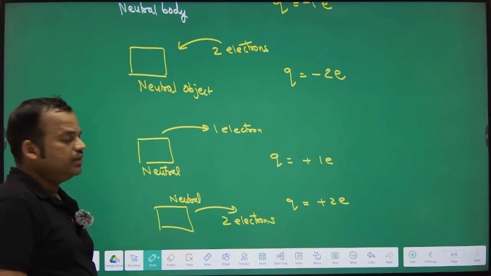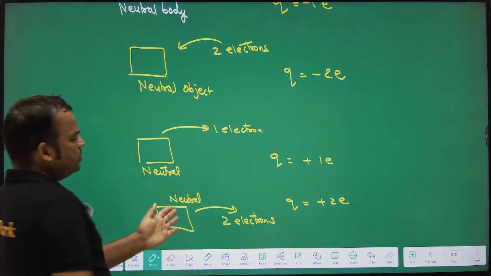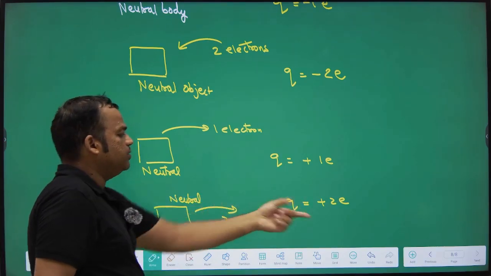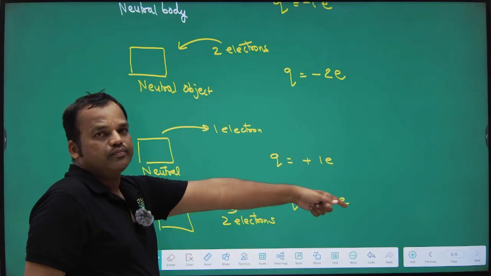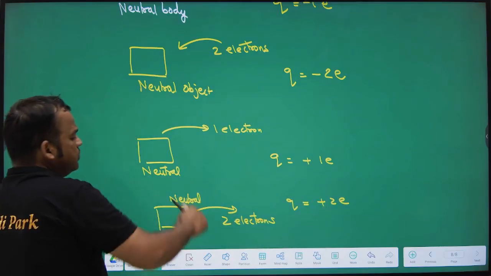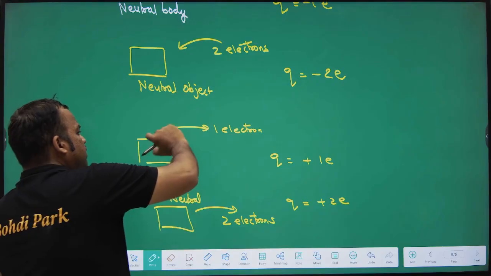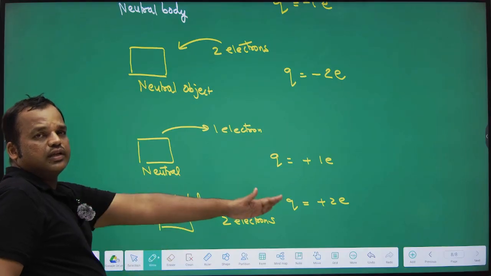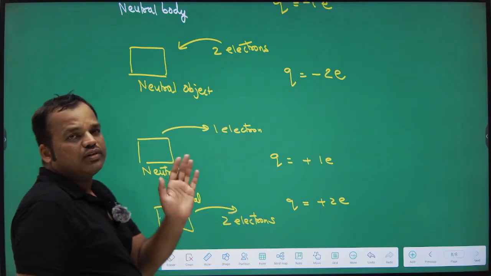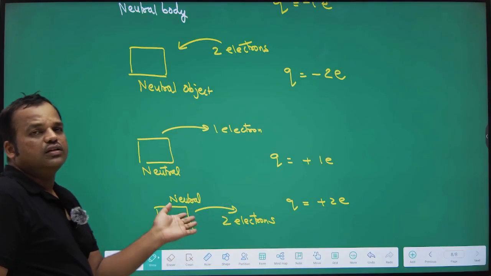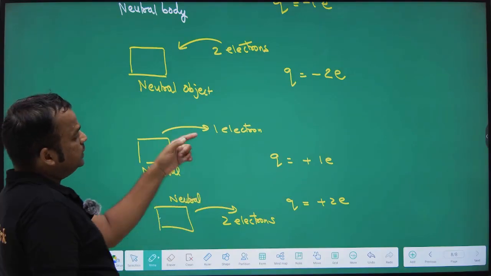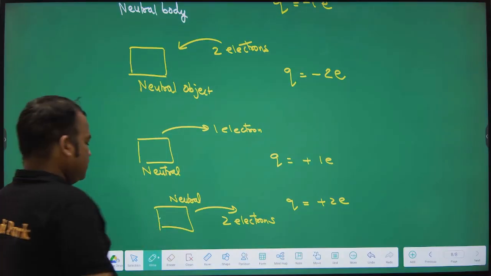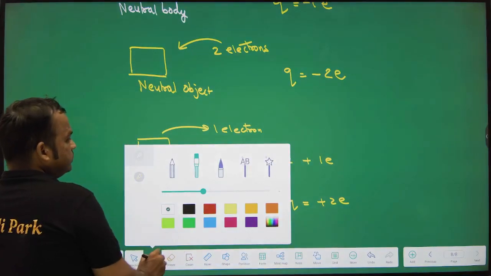Similarly, if you take 3 electrons, the charge on this body will become plus 3e. Again, only one electron can be taken out, two electrons, or three electrons. Half an electron or one third of an electron we cannot take out. So the number is a whole number.